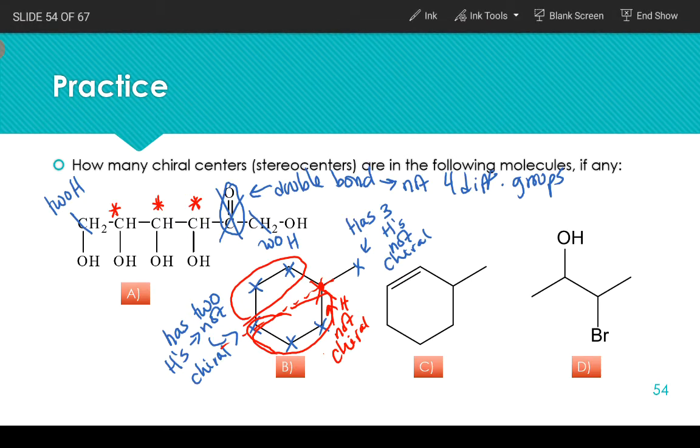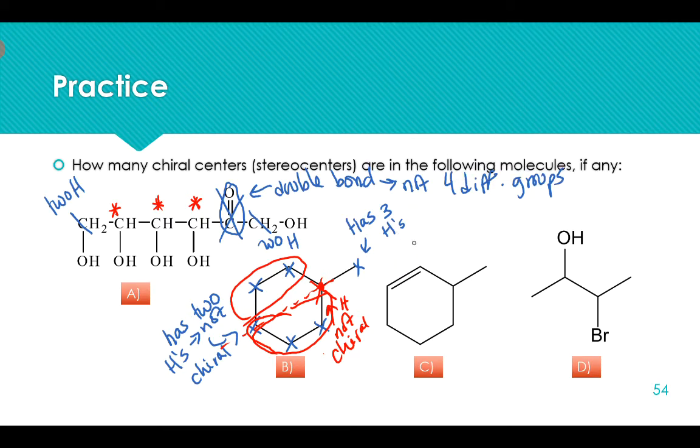Okay, let me switch back to blue, and we'll work on the next one. So this one had 0 chiral centers, this one had 3 chiral centers, to officially answer the question of how many chiral centers there were. This molecule looks a lot like this molecule, only now it has some differences.